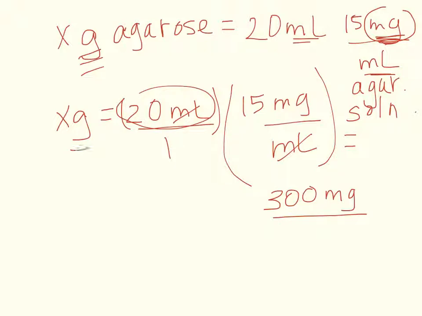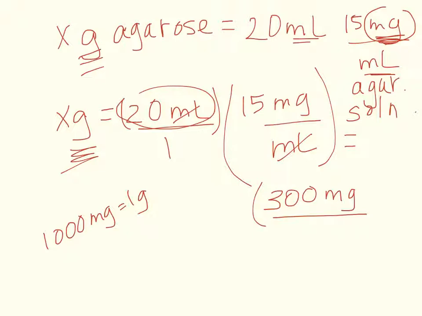Now we're asking for this in grams, so how are we going to get to grams from here? The best way I know is to say I have 1,000 milligrams in a gram.